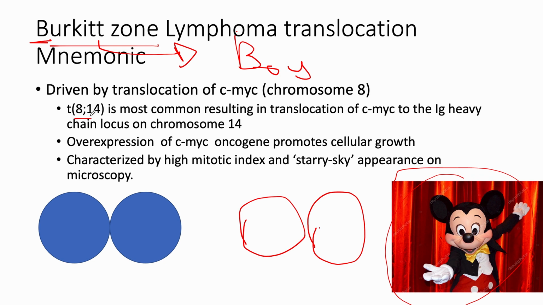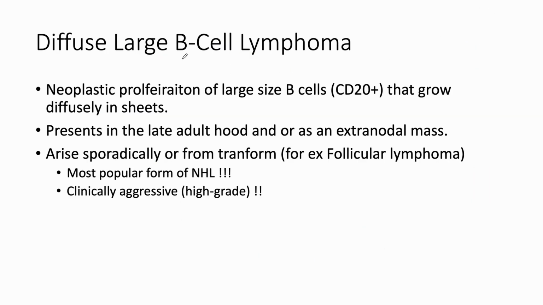So 8, and from the other ones, we know 14 is always there. Actually, in most cases, I think in every case, 14 is there. And then Mick over here will remind you, see Mick, look at Mick. Just drawing Mickey Mouse's ear, we can see Mick, and that can give it a high mitotic index, meaning it replicates a lot, and starry sky should be easy to remember because Mickey Mouse is looking at the sky, right?